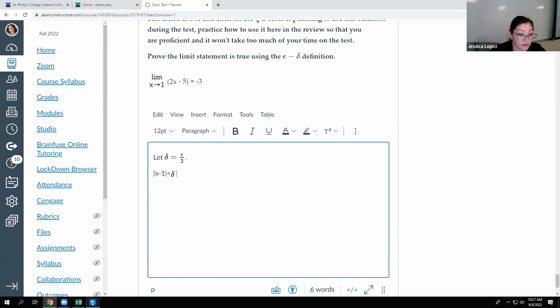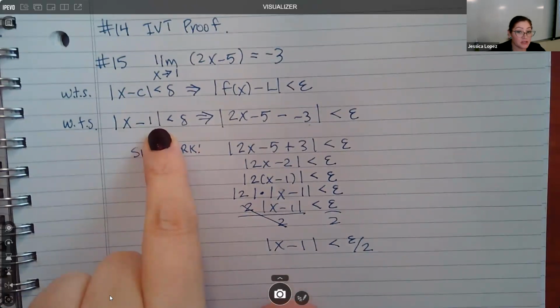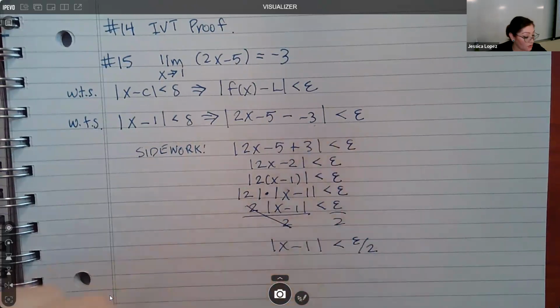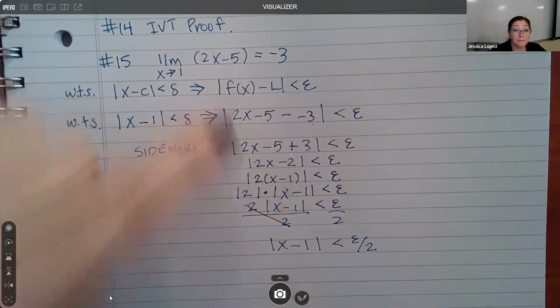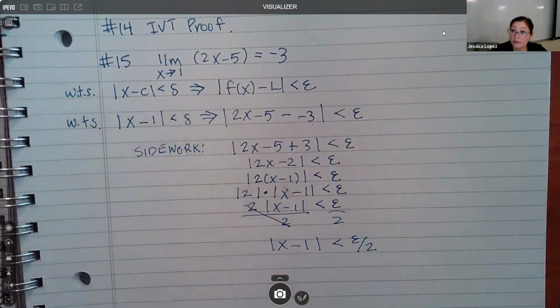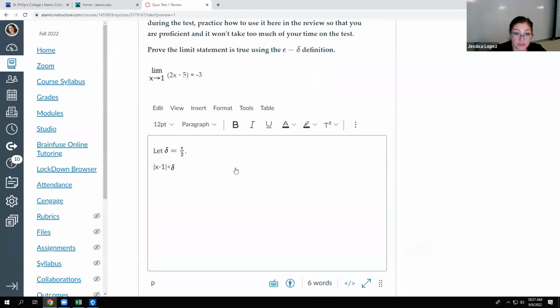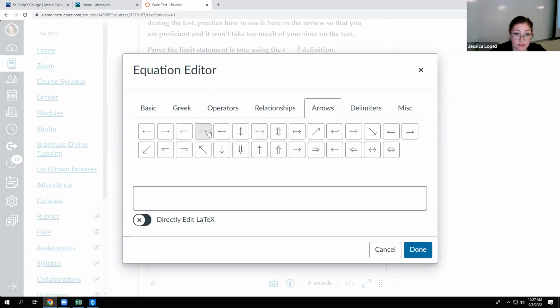I'm going to go back to my screen. What I'm trying to show is that this statement, after all my manipulation, will look like this statement. And I have all the steps, because all I have to do is go backwards. So I'm going to be looking at this page a lot. I might as well just live in here. So I need arrows, a double arrow.